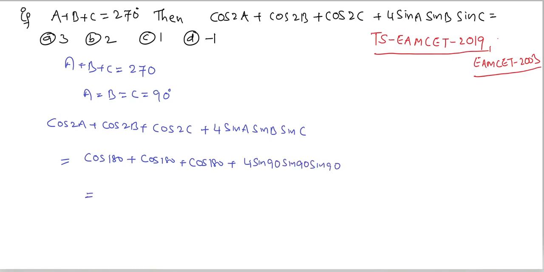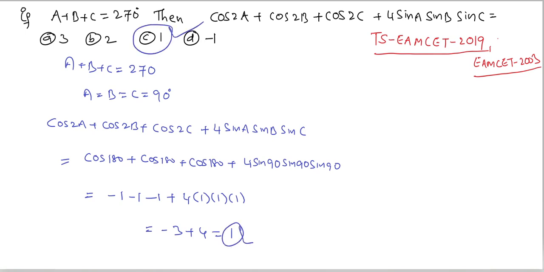That is cos 180 is minus 1, minus 1, minus 1 plus 4 into sin 90, 1 into 1 into 1. That is equal to minus 3 plus 4. That is equal to 1. So the third option is correct answer.